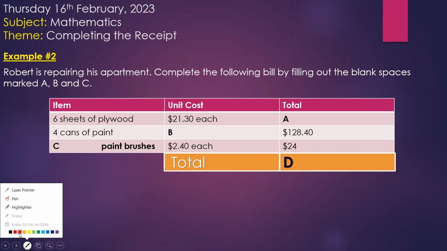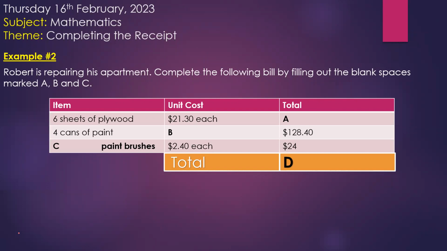All right, so how are we going to do the first one? Multiply 6 by 21.30. Very good.